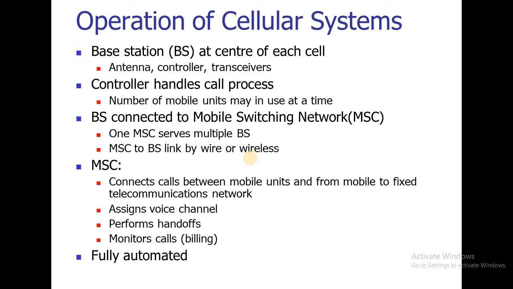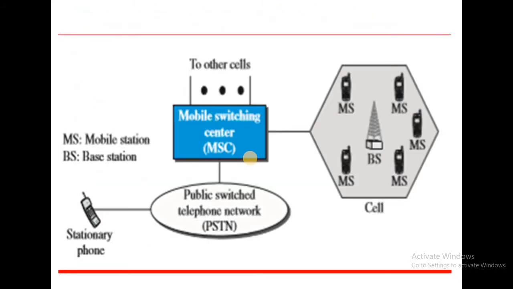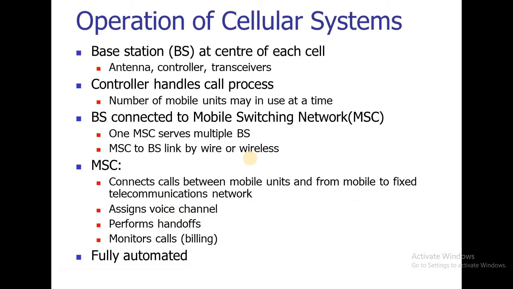Here you can find the base station, which is at the center of a cell. You may have a cell represented in a hexagonal format, and it has a central antenna, which is called a controller, or also a transceiver, because it transmits and receives signals to our mobile stations. Next, the controller handles the call process.